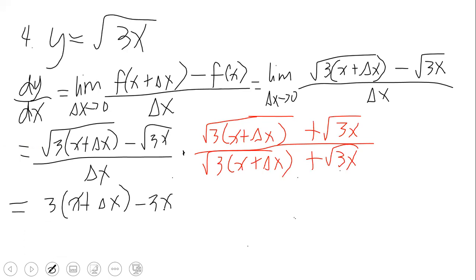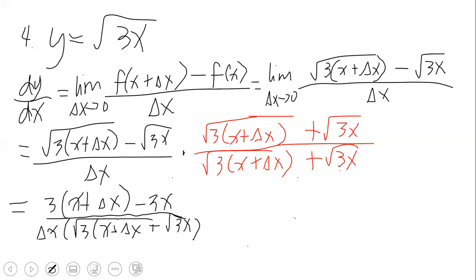Kasi magka-cancel yung radical, and it will become this terms na lang. 3 times the quantity x plus delta x minus 3x, all over yung natirang term which is delta x times square root of the function. So yan, you have 3 times the quantity x plus delta x plus square root of 3x, the term.